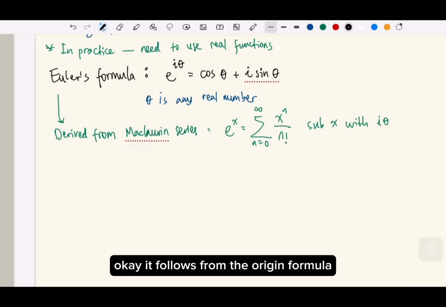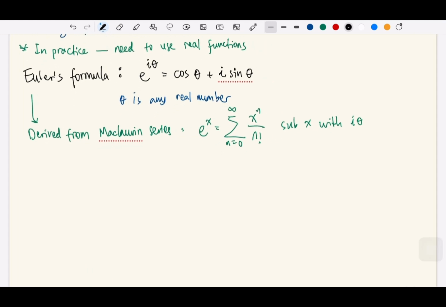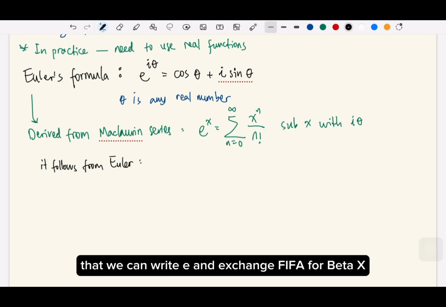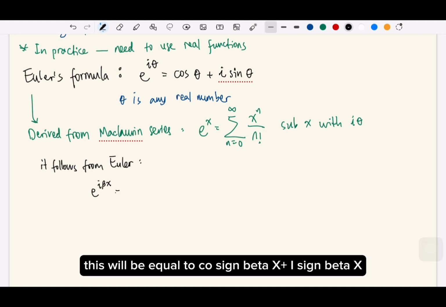Okay, it follows from the Euler formula that we can write e to the power of i theta, exchanging theta for beta x, as cosine beta x plus i sine beta x.